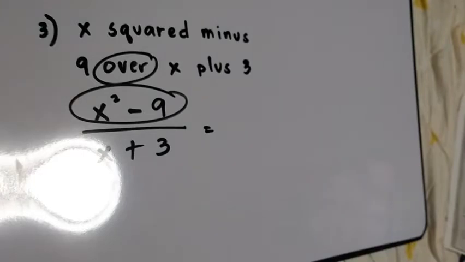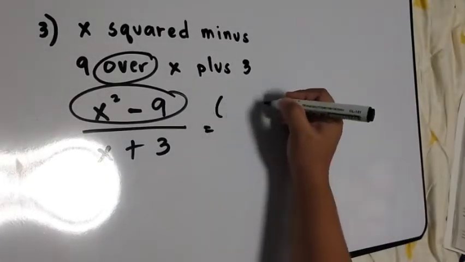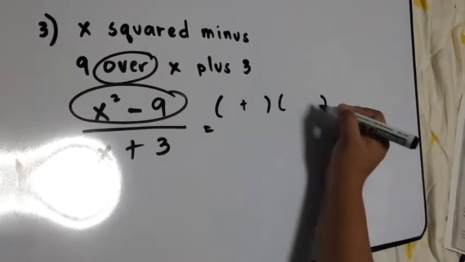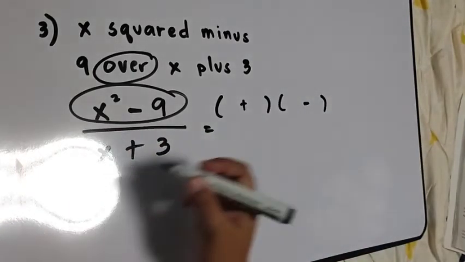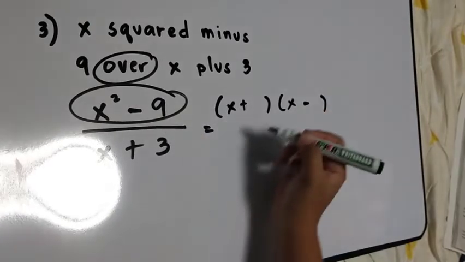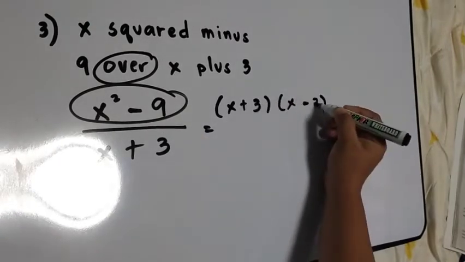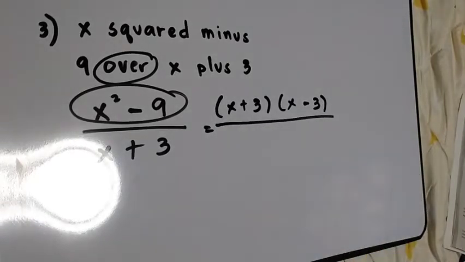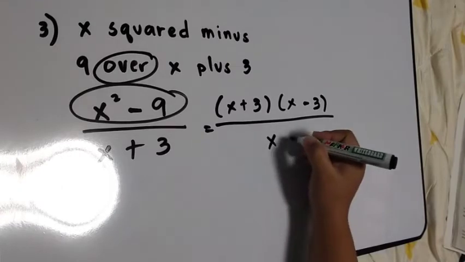Ano yung factor ng x squared minus 9, di ba? The factor of difference of two squares are sum and difference of two terms. Square root of x squared, that is x. Square root of 9, that is 3. Therefore, the factors are x plus 3, then x minus 3, over x plus 3.